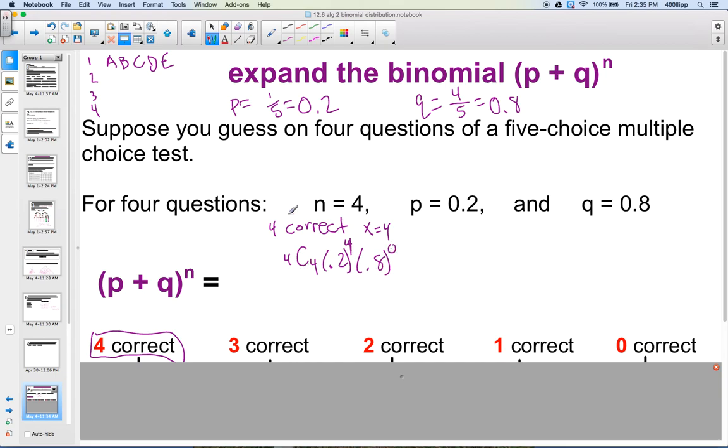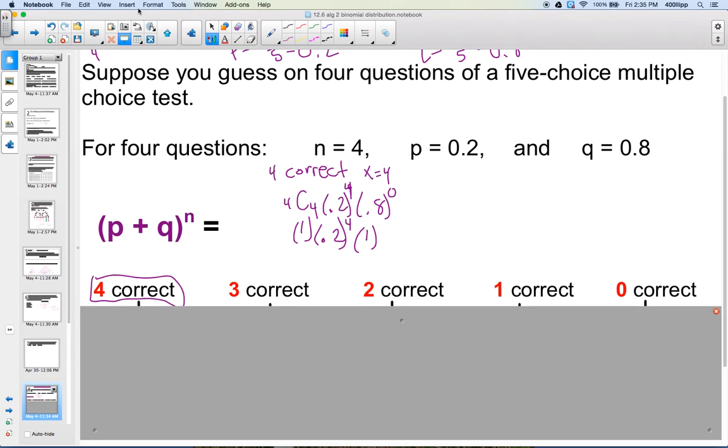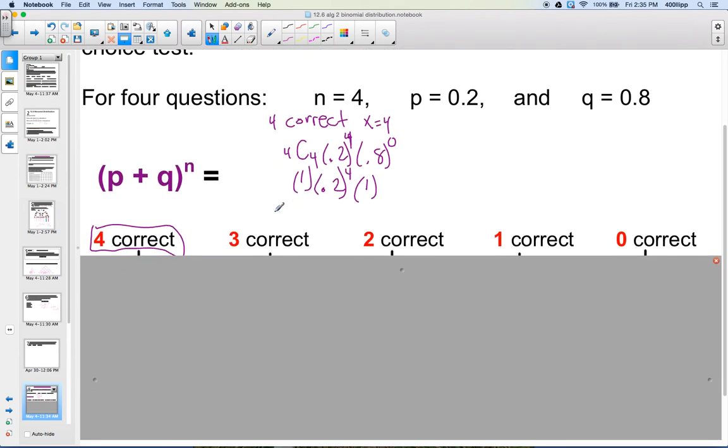Putting this in my calculator, 4C4 is a 1, 0.2 to the 4th, anything to the 0 is a 1. And putting this in our calculator, which is answering the question of if I am going to just guess on these multiple choice questions, what's the probability that I get all 4 out of 4 correct?